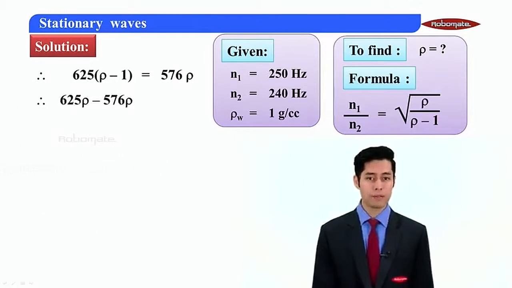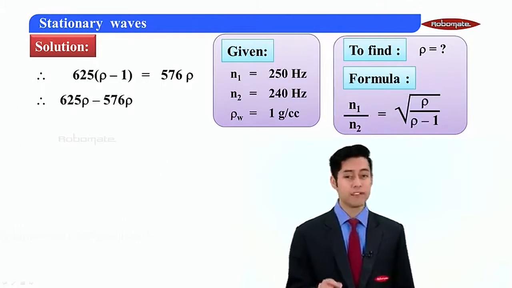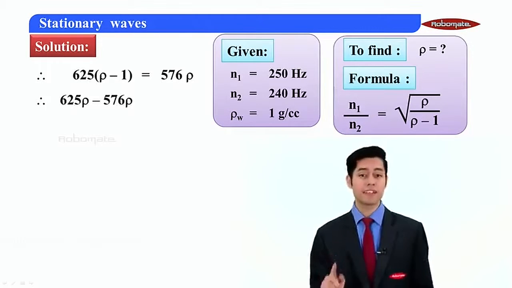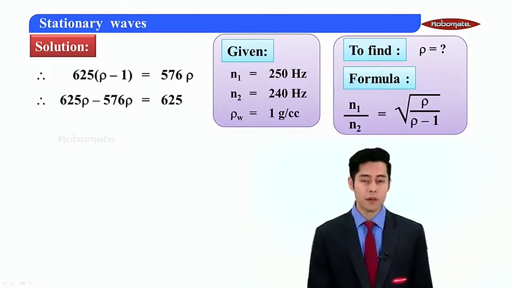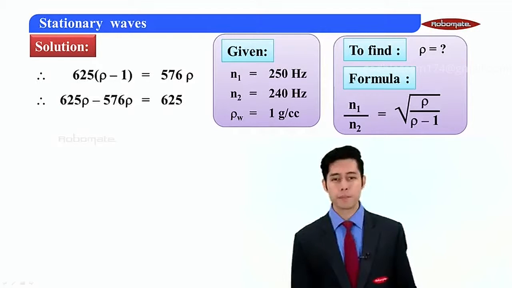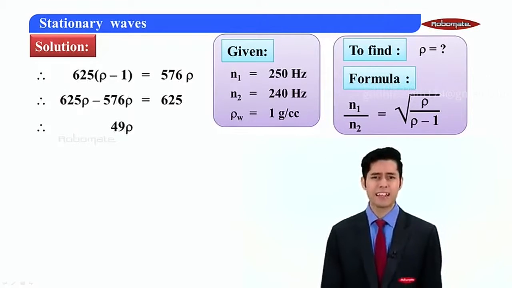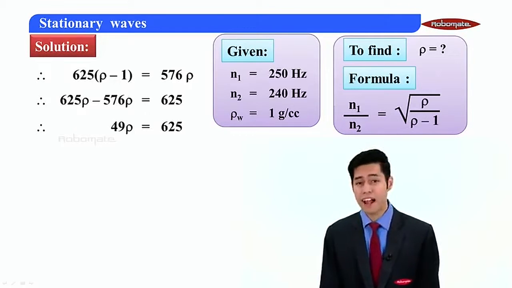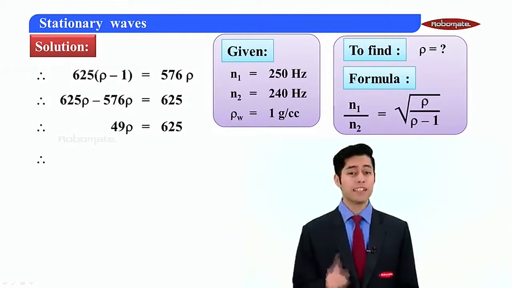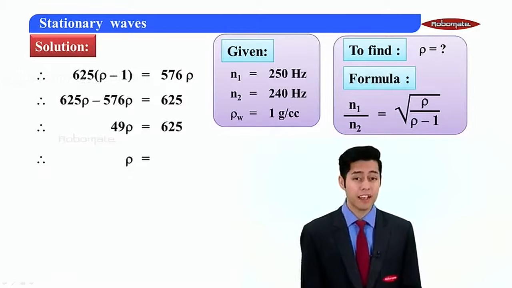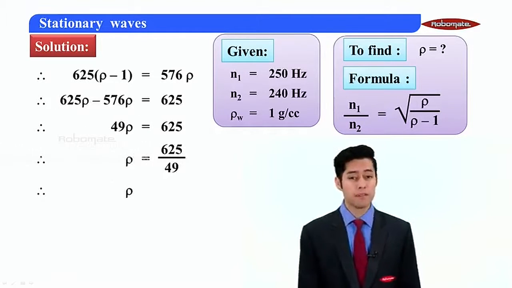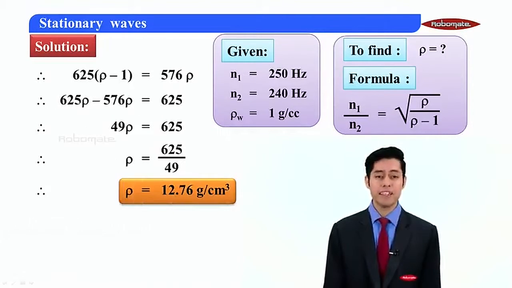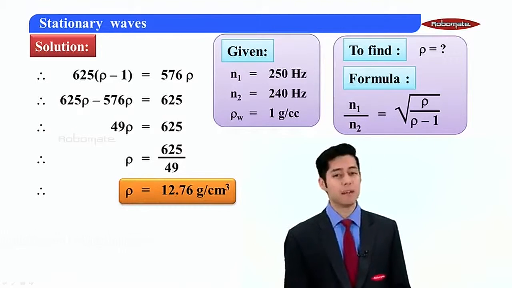On opening the brackets, I get 625 rho minus 576 rho, which is equal to 625. Now on solving this, I get 49 rho equal to 625, and so rho is equal to 625 divided by 49, which comes out to be approximately 12.76 gram per centimeter cube.